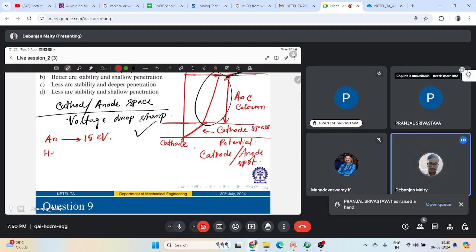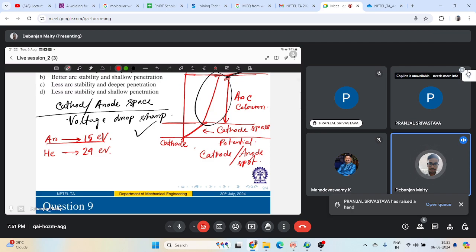If it is helium, ionization potential is around 24, 25 electron volt. So which one is easier to ionize, argon or helium? Argon, right? Ionization potential is lower for argon compared to helium.